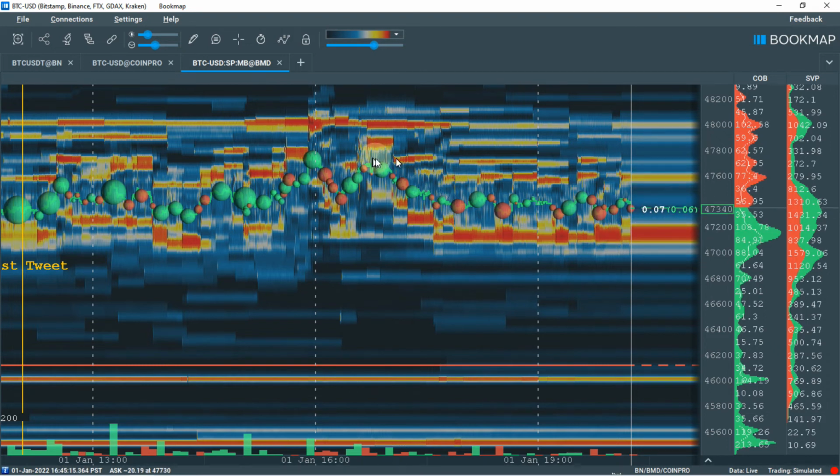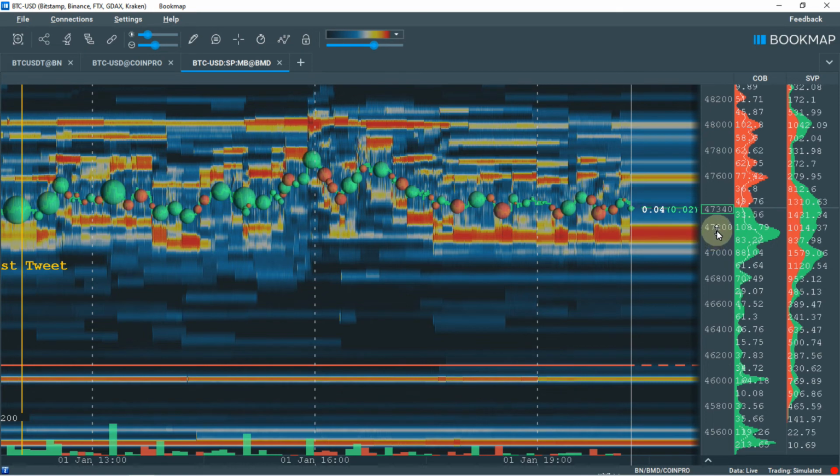So as long as you have these spoof sell walls up on top and the spoof buy walls at the bottom, the price will get forced to be in the middle. And that's exactly what happens. You can see 47,350, and this giant buy wall down here is roughly around 47,200.